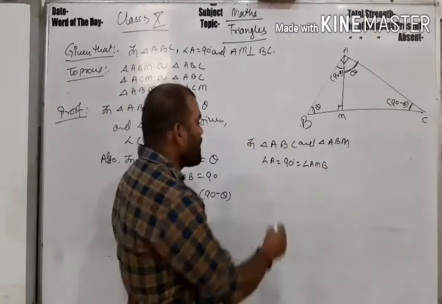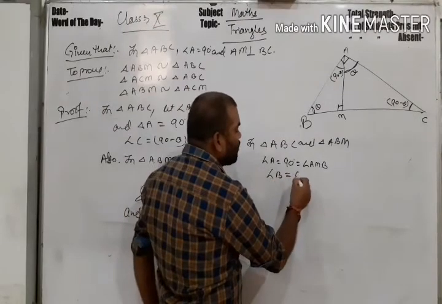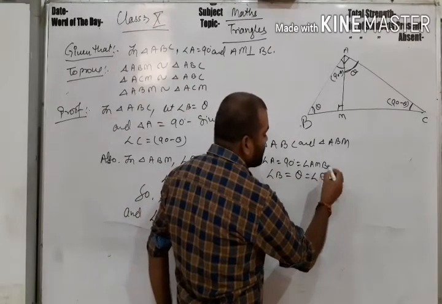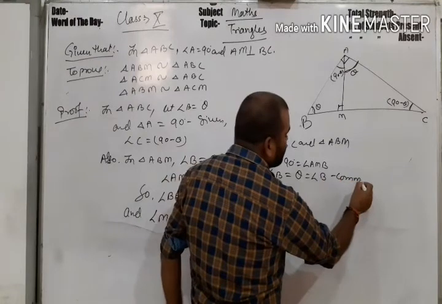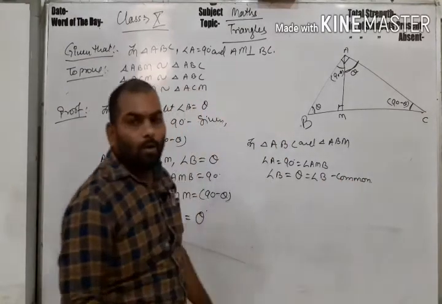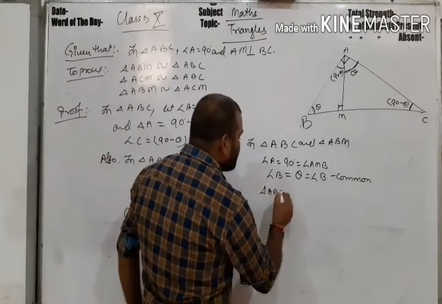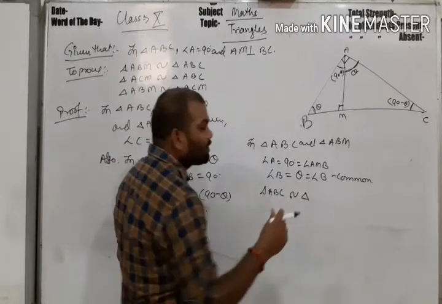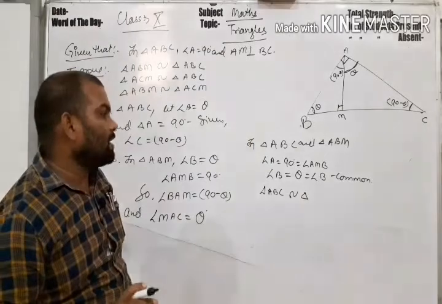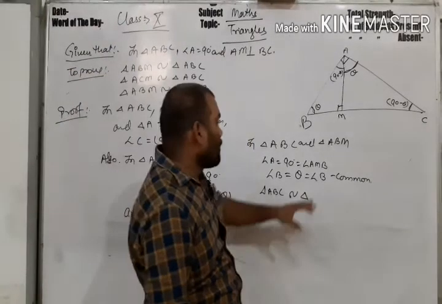Now, angle B is equal to theta in both the cases. That is common, you can say. Now two angles are equal, so triangle ABC is similar to the other triangle. Now we'll look for the corresponding sides, the names of the corresponding sides.